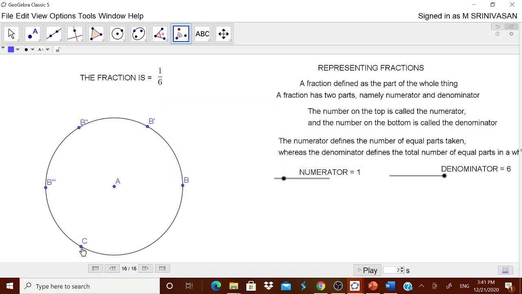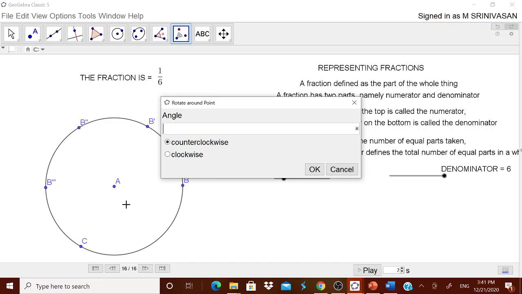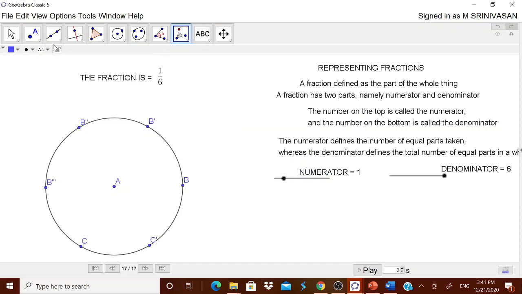Again maybe the last one, this C with respect to A, 360 degrees by denominator. Okay, you got it now. Now you join these two segments. So suppose you are having denominator as 6, you will have 6 points. Point number 1, point number 2, then point number 3, point number 4, then point number 5, and point number 6.